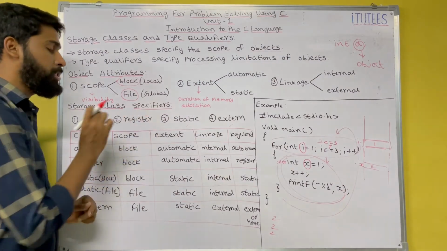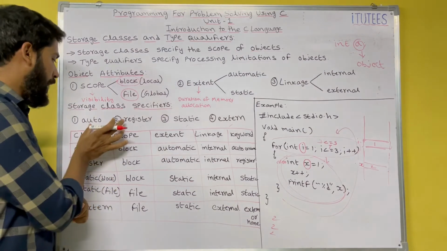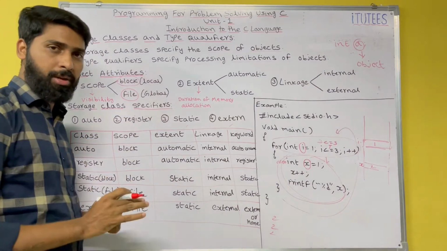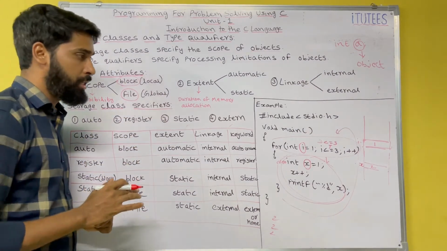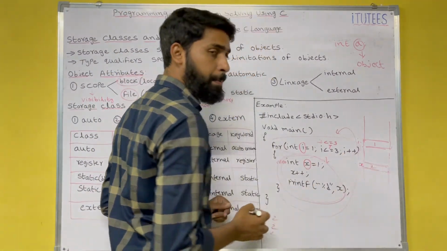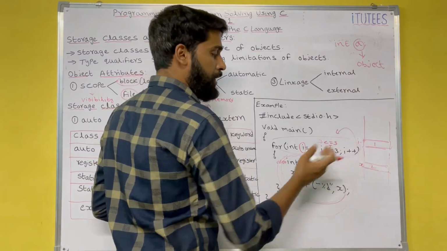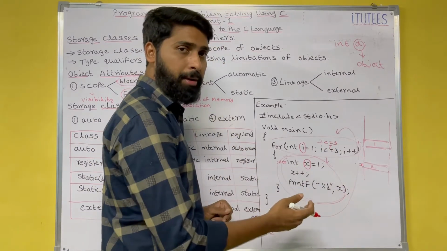Next one, register storage class. Auto and register are both the same. The only difference is, for auto the memory is allocated in primary memory. If you declare a variable as auto, then we allocate the memory in primary memory.